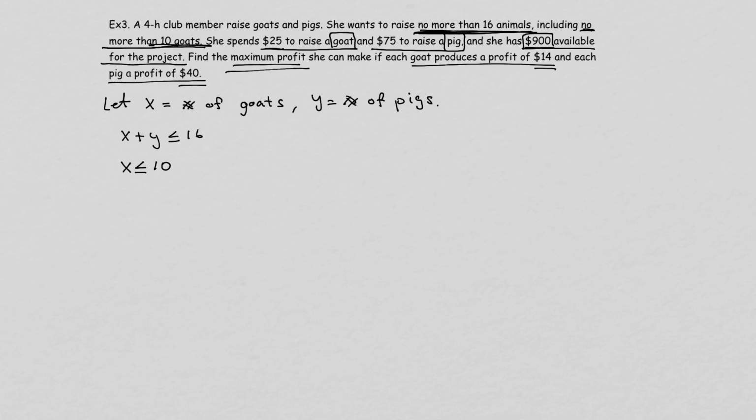And that should be less than $900, right? Because that's the available amount that she has. So you should be able to do 25 times X. This is the total amount to purchase the goats. And plus 75 times Y should be smaller than or equal to 900, right? So now I have 3 inequalities.